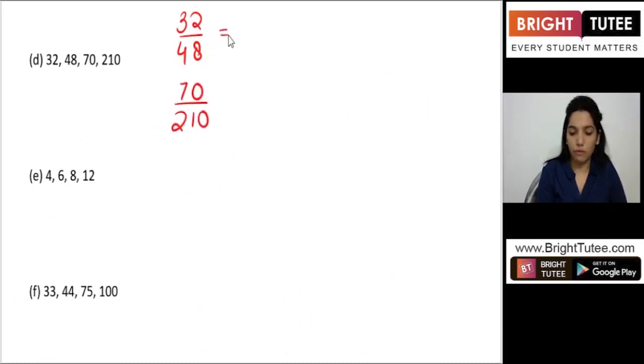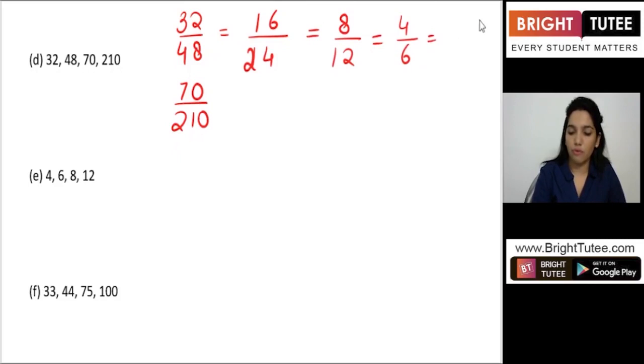So 32 over 48, on dividing by 2, we get 16 over 24. Further dividing by 2, we get 8 over 12. Further we can divide this by 2 and get 4 over 6. Further dividing by 2 gets 2 over 3. Okay, now let us simplify 70 over 210. Dividing by 10 gives 7 over 21.